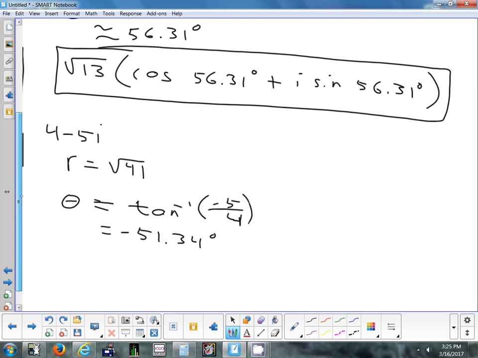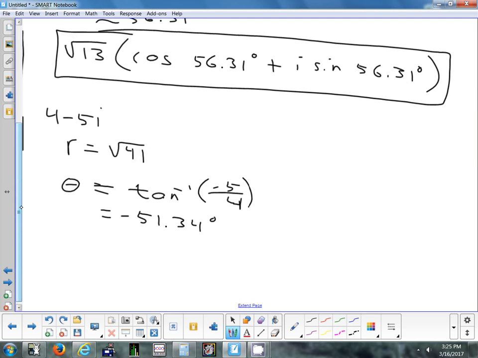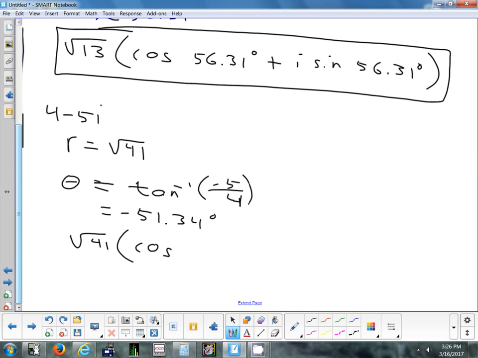All right, so if we write that in the notation that we use, we get our cosine of negative 51.34, plus i sine.